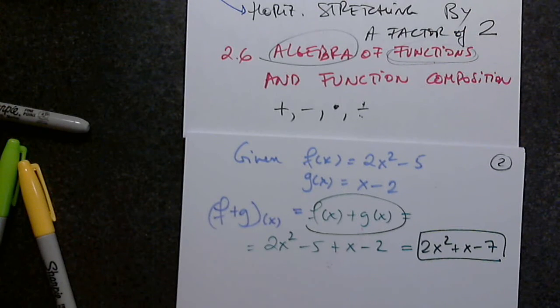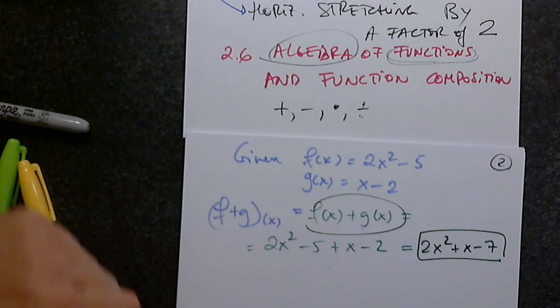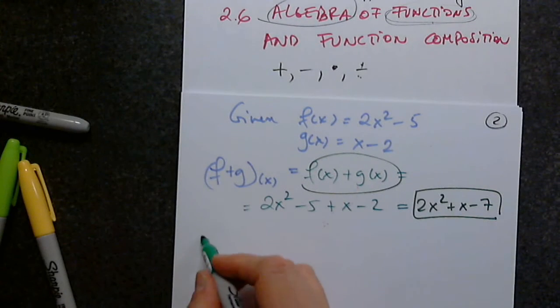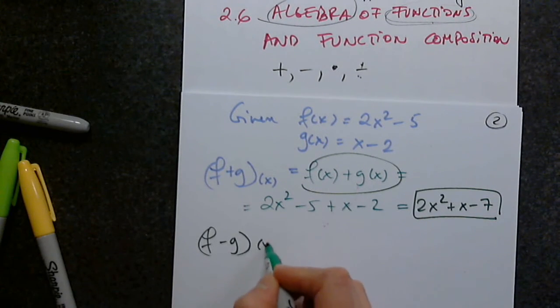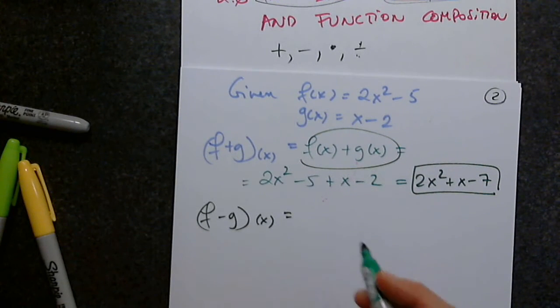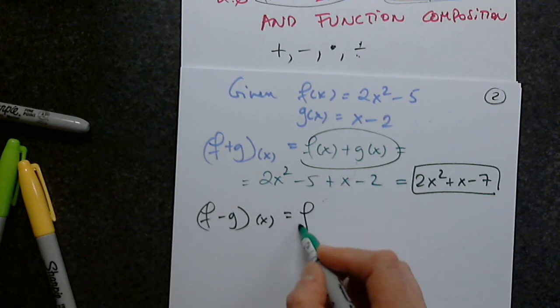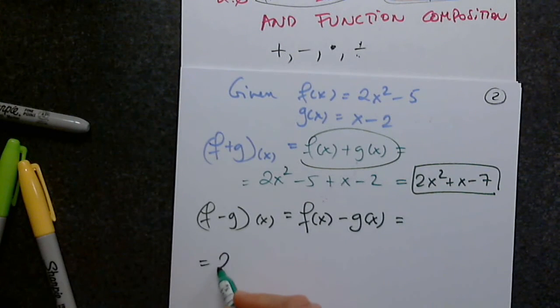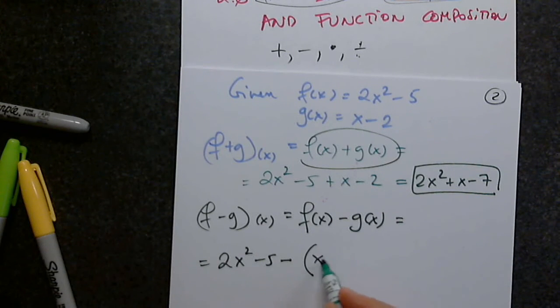The sum of these two. It will still be correct, yes. Now, what do you think this function represents? Exactly. The difference. I copy 2x squared minus 5 minus, please put in parentheses x minus 2, or remember to distribute.